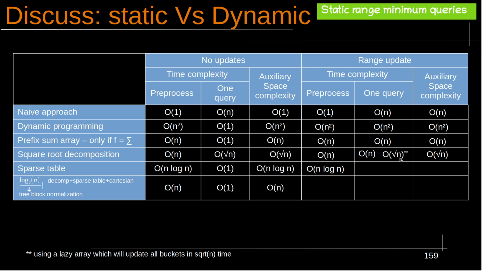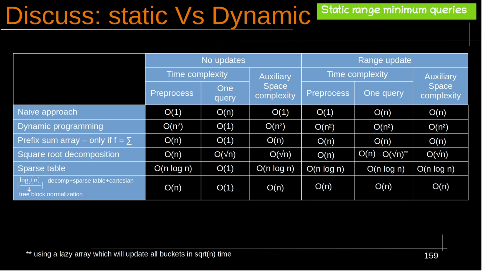When we update an array, we have to rebuild the sparse table. Same for the last algorithm that we have seen. Every time we update an array, we have to rebuild all the data structure, which is very bad if we deal with a dynamic range query.